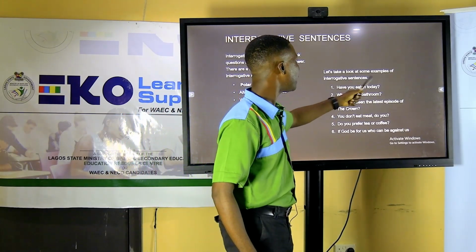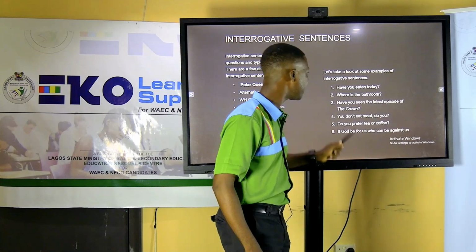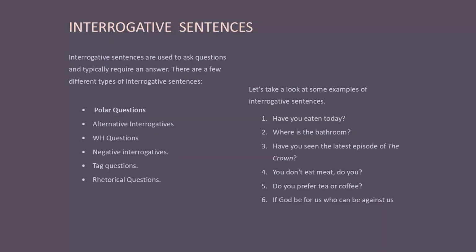Let's take a look at some of the examples of interrogative sentences. Number 1, have you eaten today? Where is the bathroom? The next one, have you seen the latest episode of The Crown?